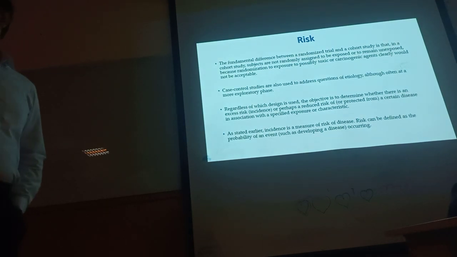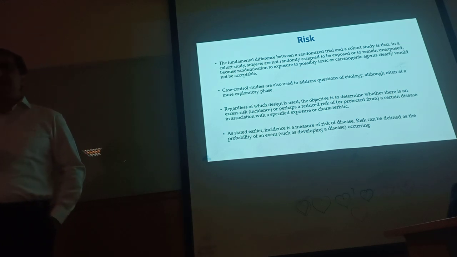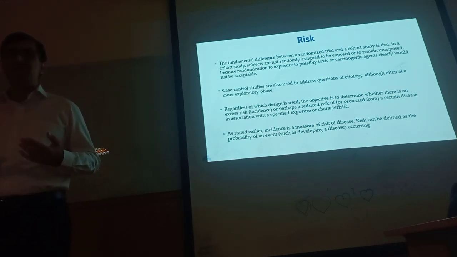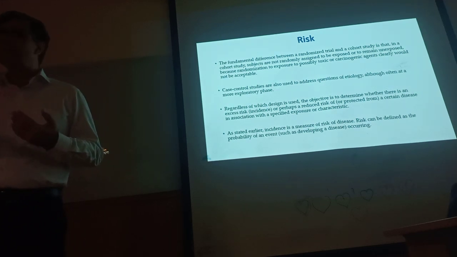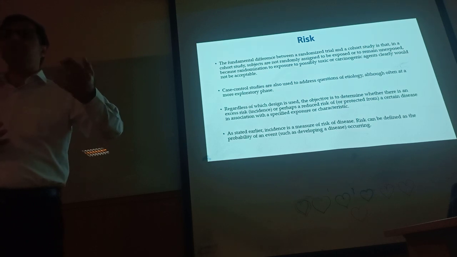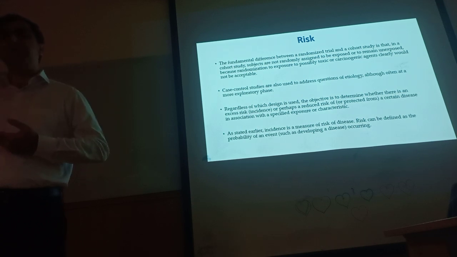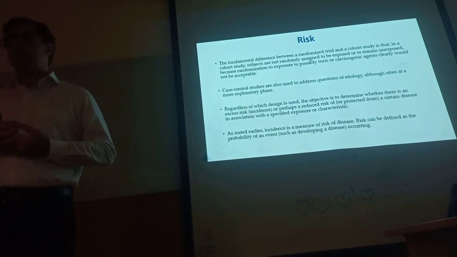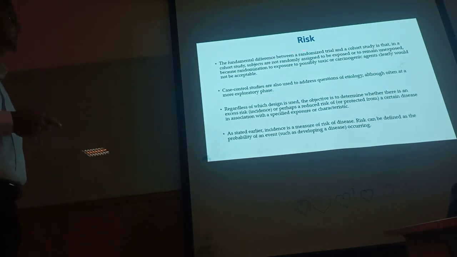But in clinical trial or randomized controlled trial, the exposure is treatment, so it has a potential benefit. So we can assign people to those who receive this potentially beneficial treatment and compare them with those who do not receive it. Okay? So this is a difference between cohort study and randomized controlled trial.